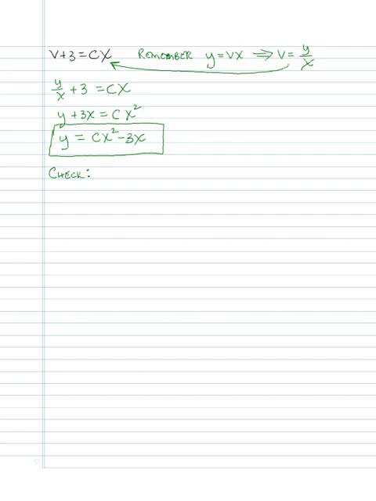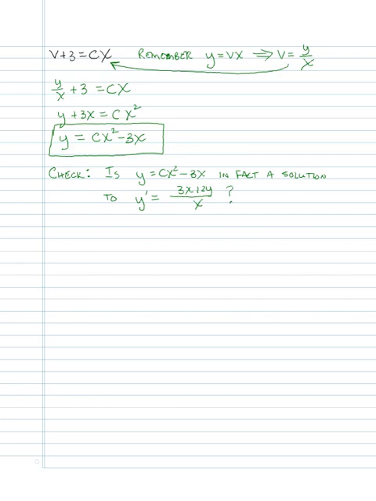Now, remember, what we're trying to check is whether y equals c x squared minus 3x is, in fact, a solution to the differential equation, which originally was y prime is equal to 3x plus 2y divided by x.